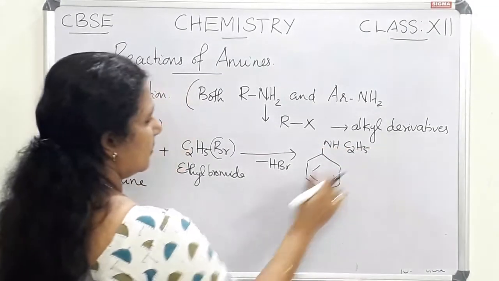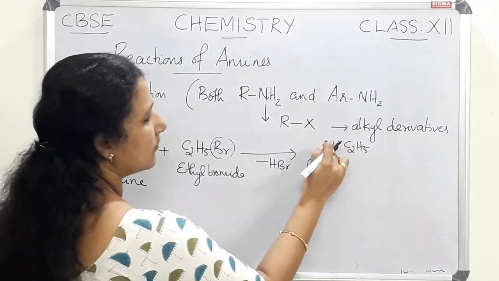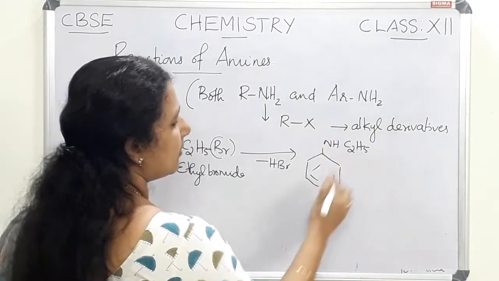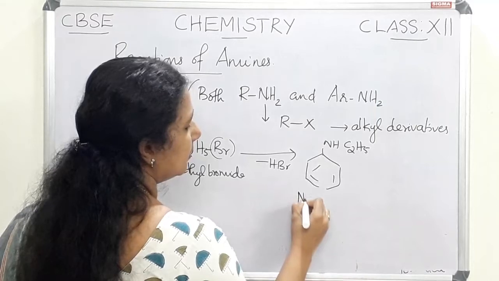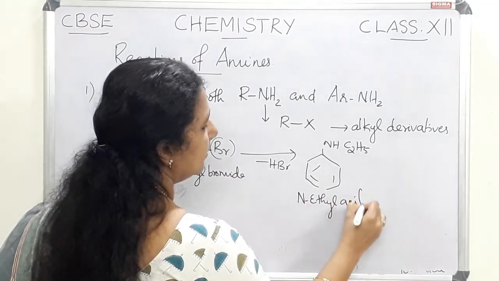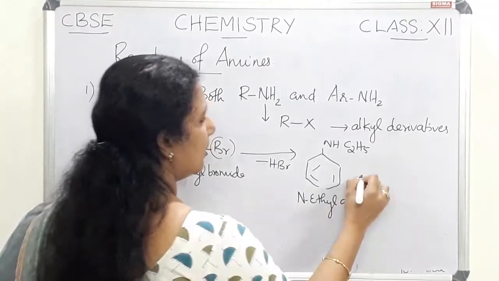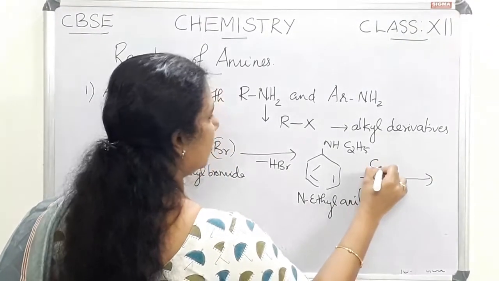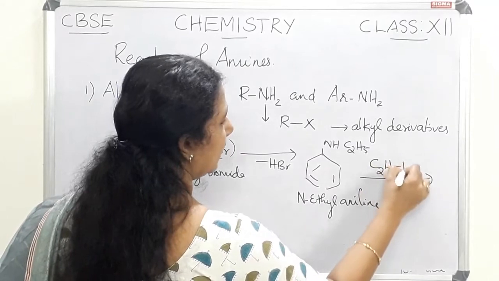The product is C6H5NHC2H5. This is actually a secondary amine, so it is N-ethyl aniline. Again, one more molecule of alkyl halide is added.